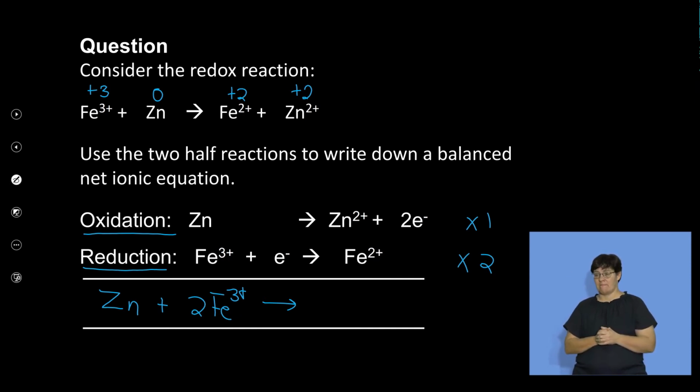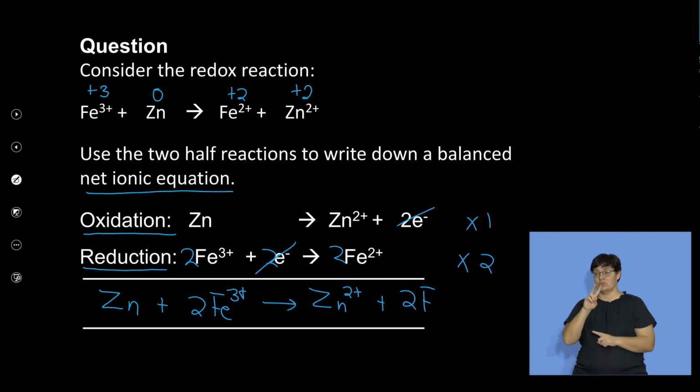That's why in the net ionic equation we don't include the electrons. Then this gives us zinc 2+ plus 2 iron 2+. So this is our overall, or the net ionic equation, in as far as this is concerned.